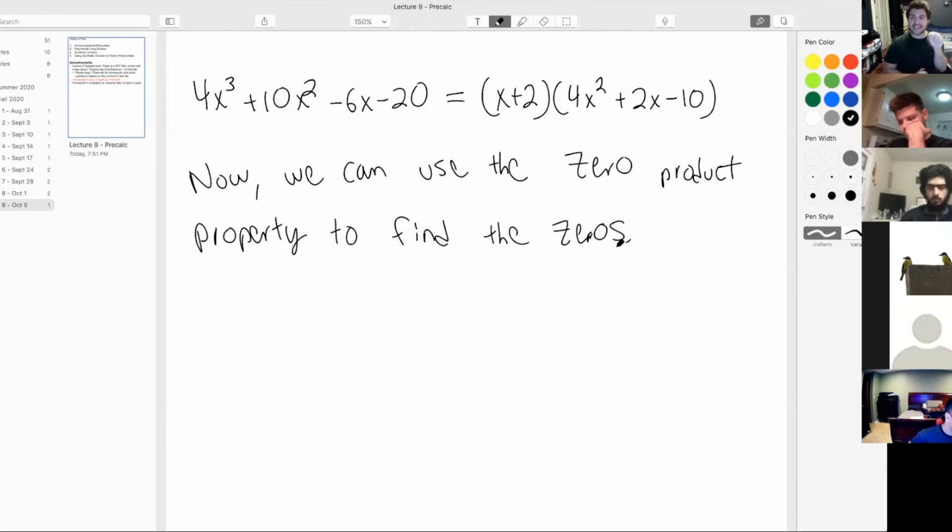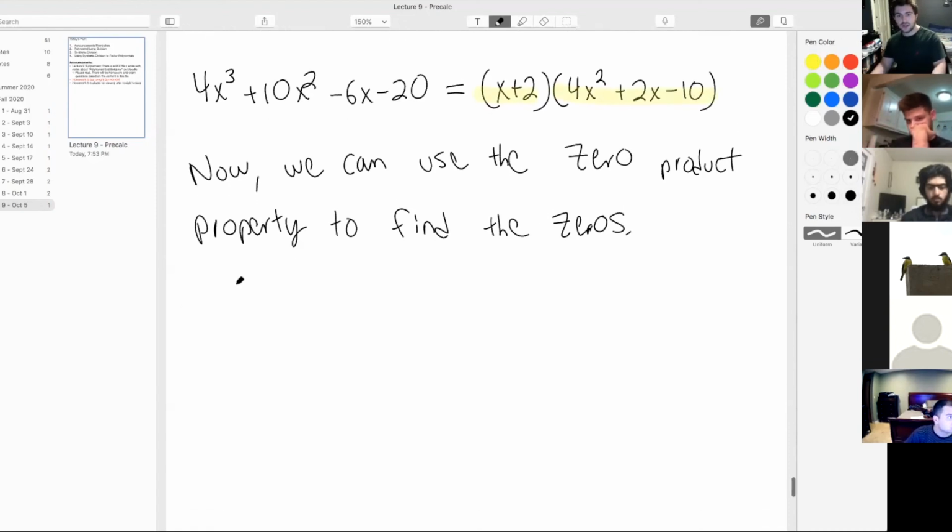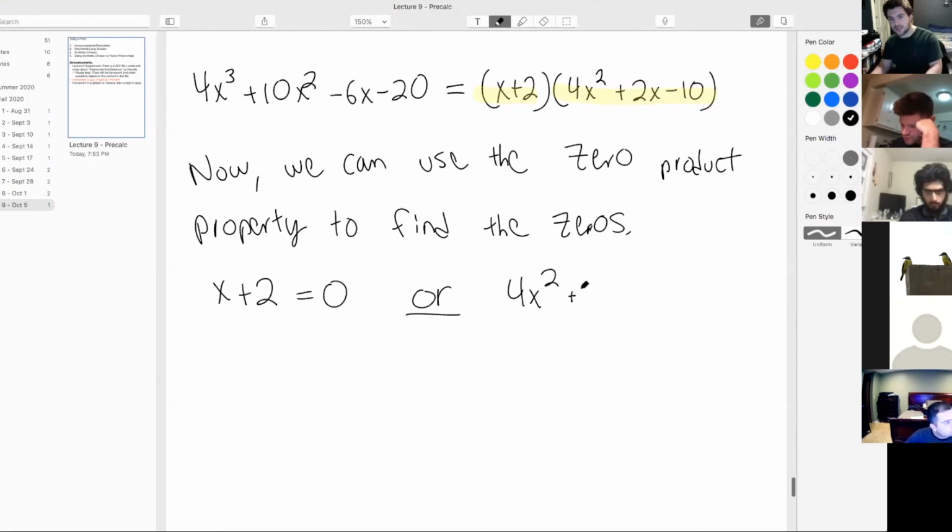So it's just like setting it equal to 0 and solving for x. Okay. So remember what the zero product property told us. It means that x plus 2 is equal to 0 or that quadratic 4x squared plus 2x minus 10 is equal to 0.